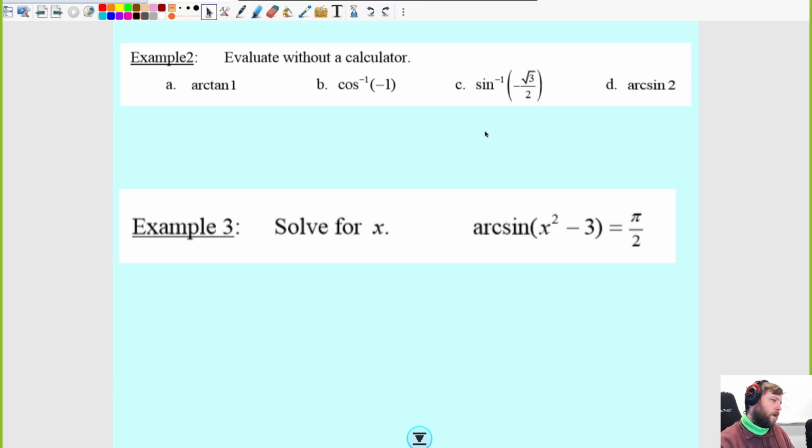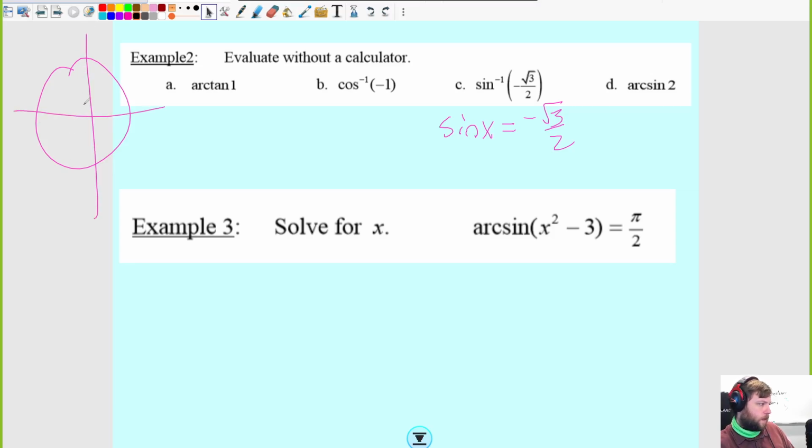So again, with arc sine of negative square root of 3 over 2, that's like saying sine of x equals negative square root of 3 over 2. If I go back to my unit circle, which I can't now because I messed it up, that happens at this point. Oh, wait.